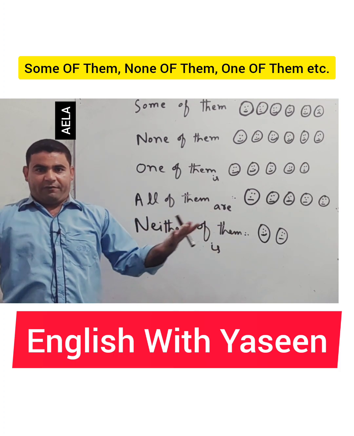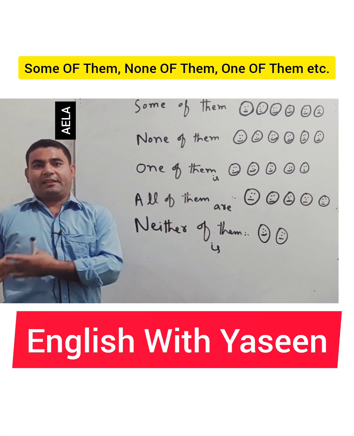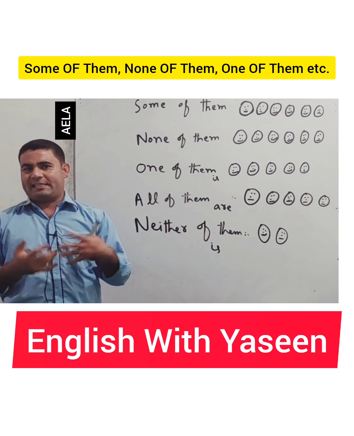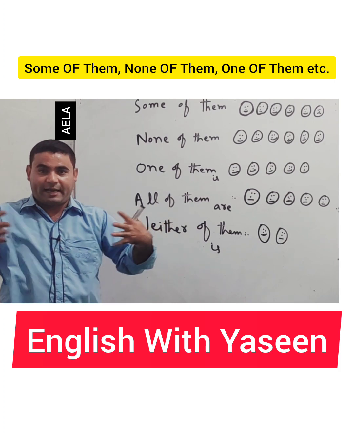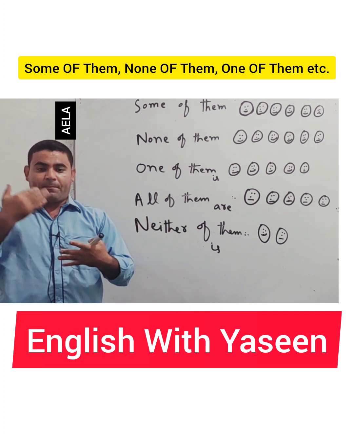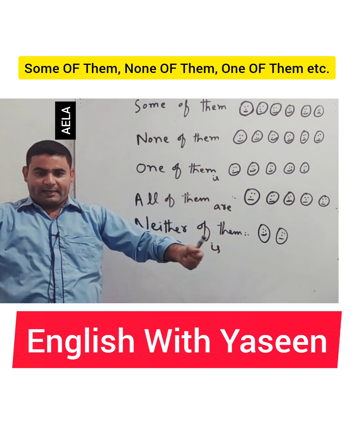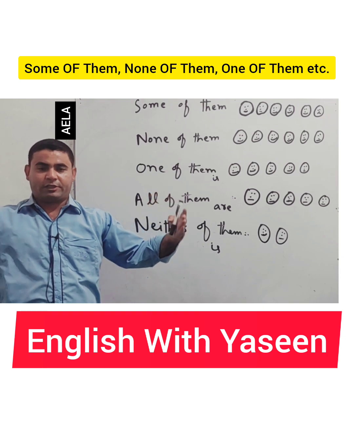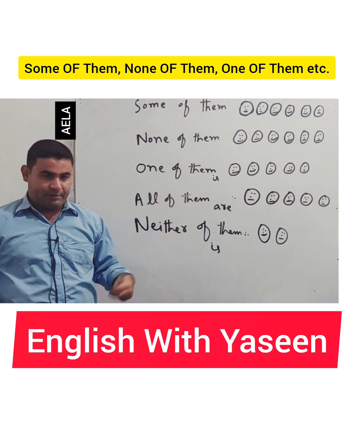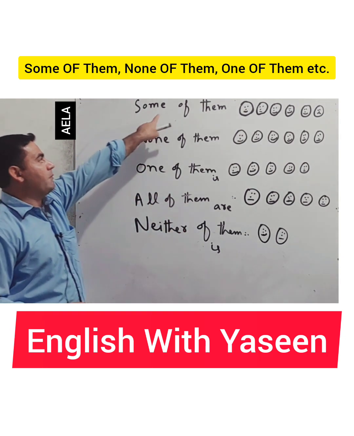For example, if I say some of the students are not listening to me, it means I don't know the exact number of those students who are not listening to me. But it means that in my class there are some students who are not listening to me. So some of them means I don't want to show the number, maybe I don't know the number. So you will have to use some of them.